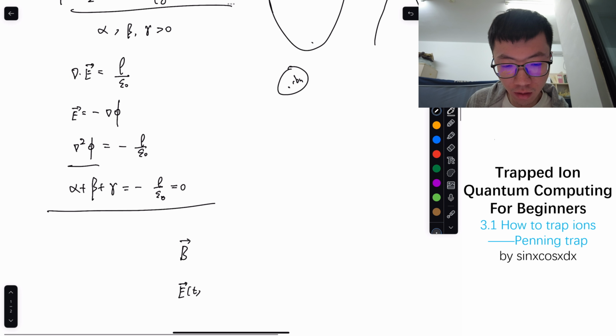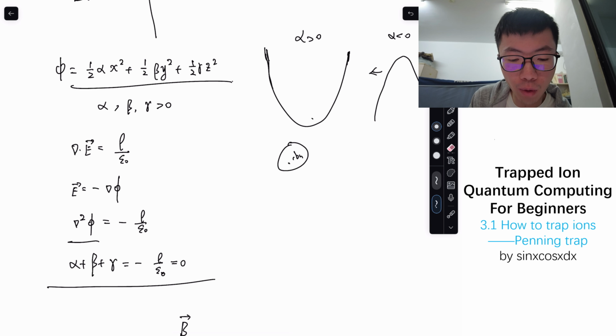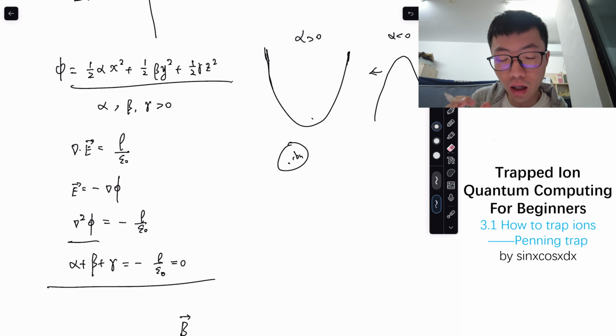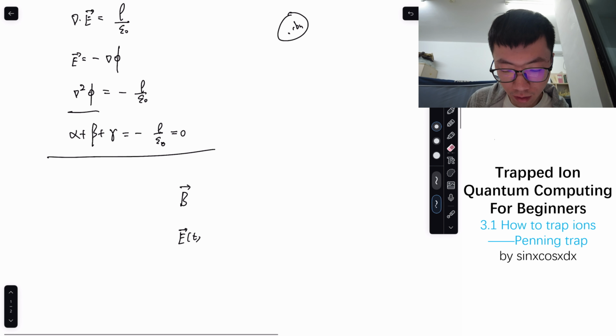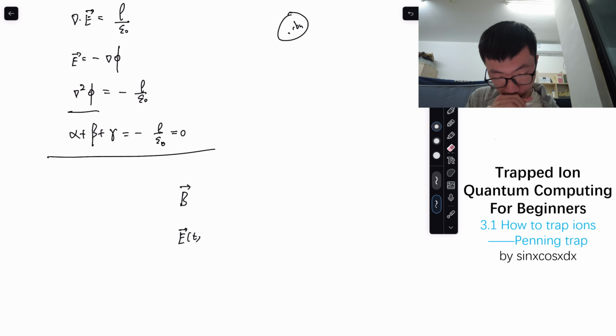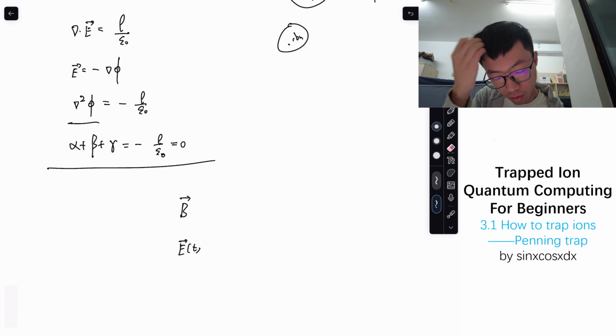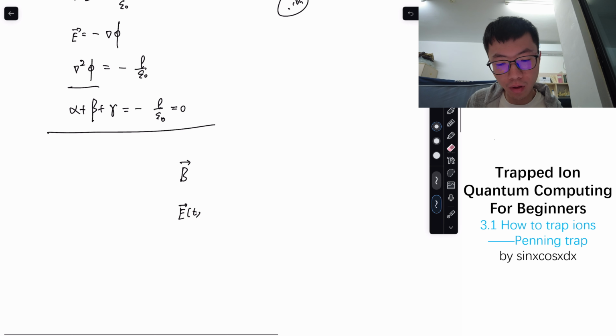If you just use a static field, we can confine the ion in 1 or 2 dimensions, but repel in the other dimensions, right? So in order to confine in 3 dimensions, there are two ways.